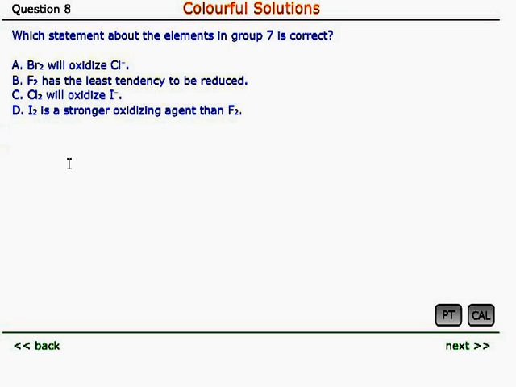Next question involves group 7. It involves the oxidizing ability of group 7. Well, the thing to remember here is that fluorine is the strongest oxidizing agent of all of the elements. And so, as fluorine is at the head of this group, it tends to get reduced, it oxidizes.